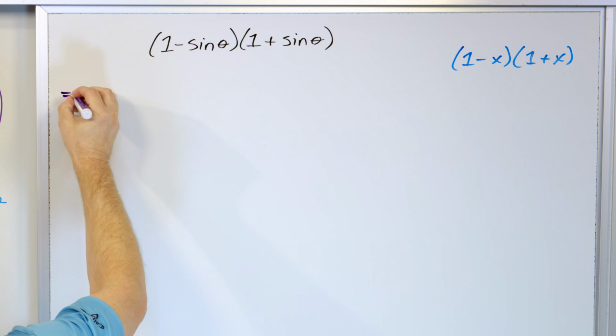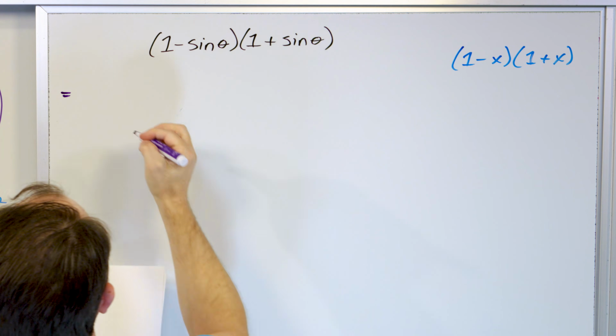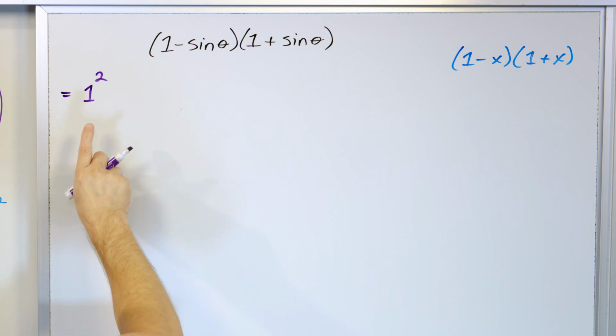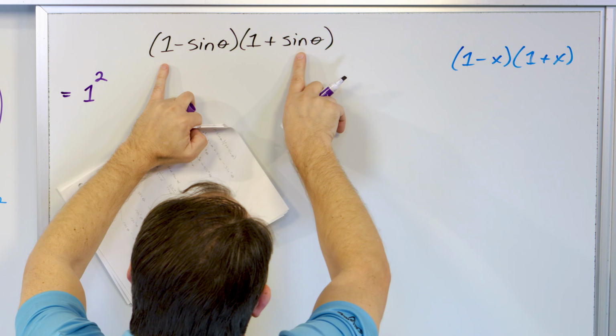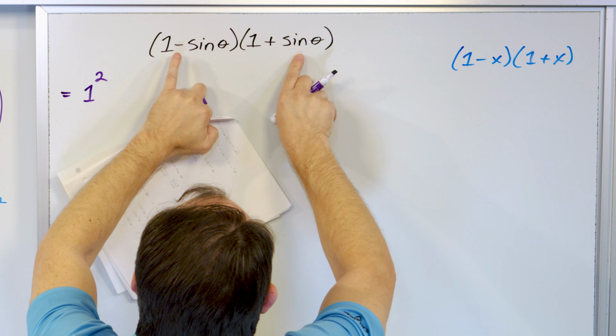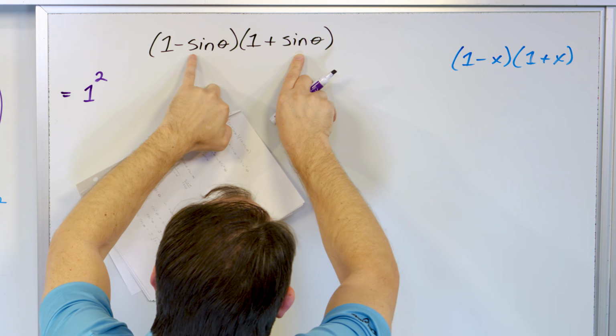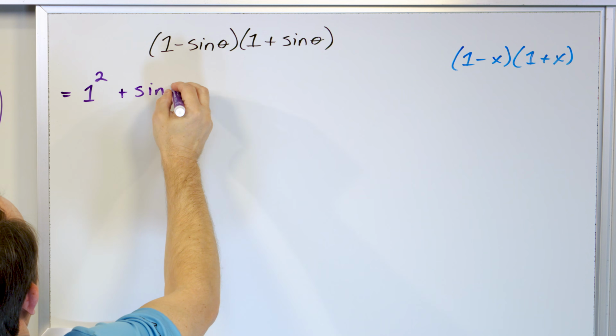So for the next step, the first 2 terms multiplied, 1 times 1, is going to give you 1 squared. So I'm going to write it as 1 squared, even though I know the answer is 1. The outside terms is going to be 1 times sine. Don't worry about this minus sign, that is attached to this term. 1 times the sine of theta, which means I'm going to have the sine of theta here.